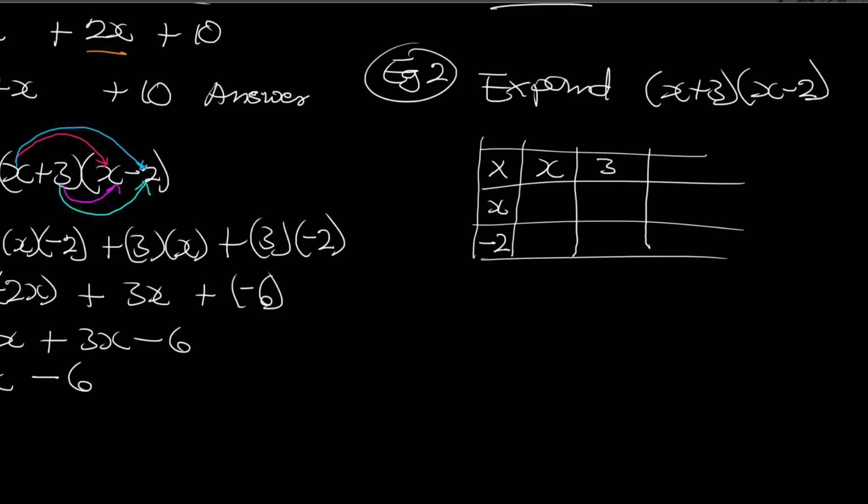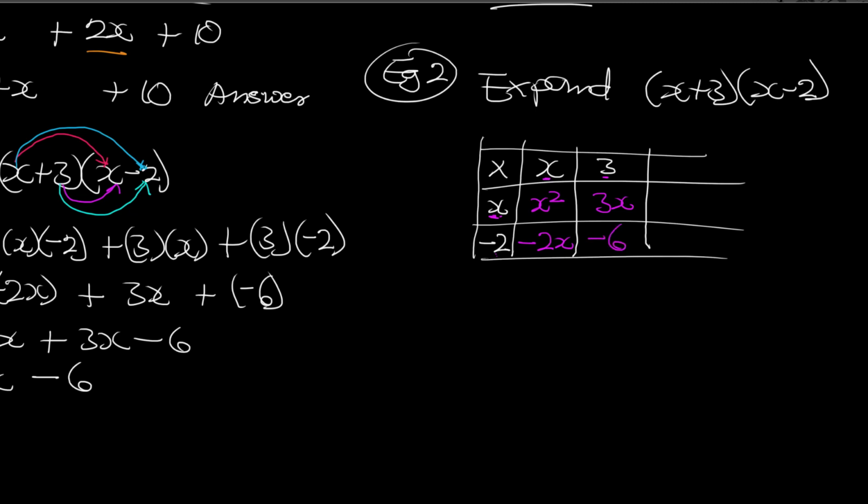The same way, I multiply x, this x, by x, and I get x squared. X by 3, I also get 3x. Minus 2 times x will give me minus 2x. And lastly, minus 2 times 3 will give me minus 6.